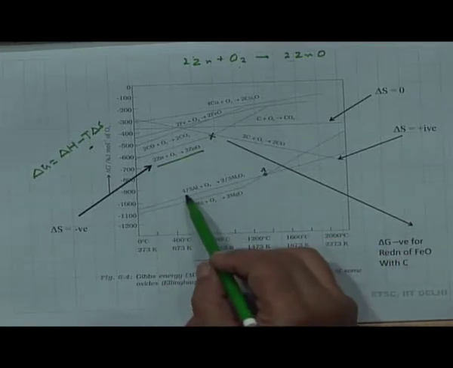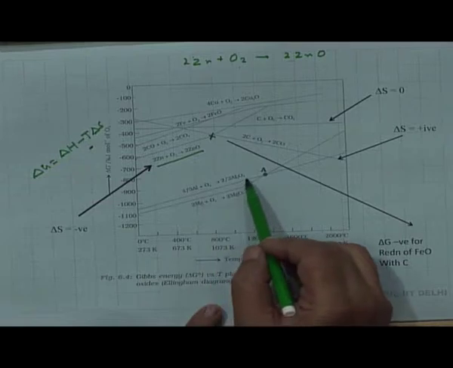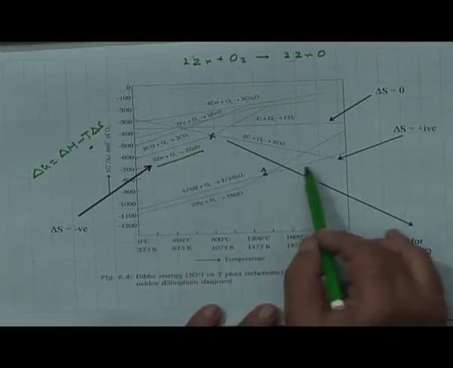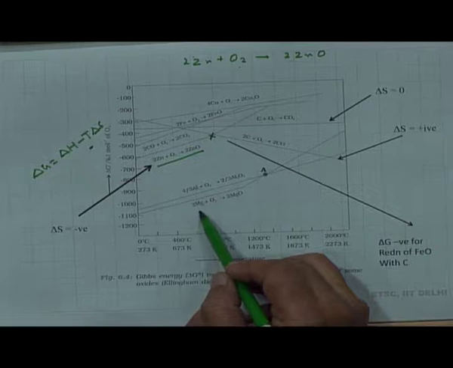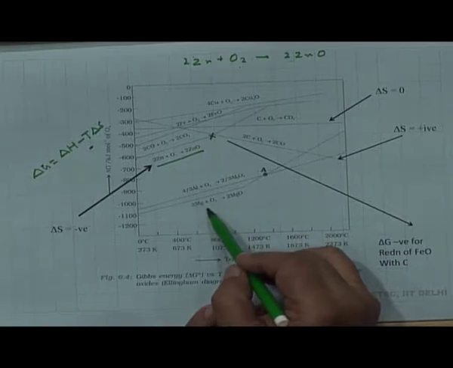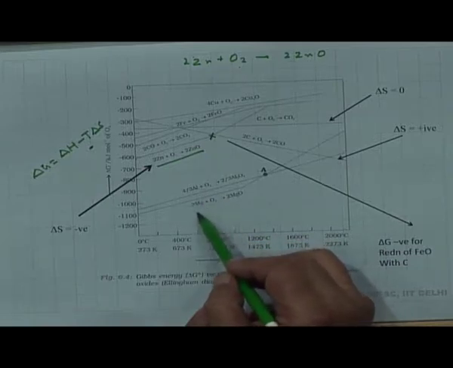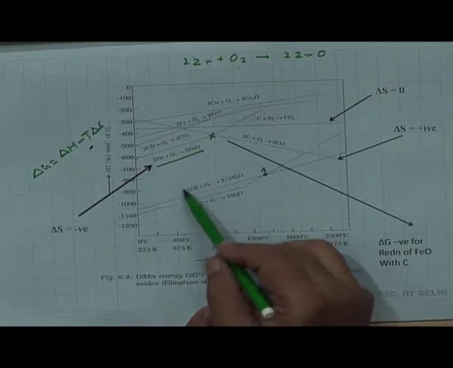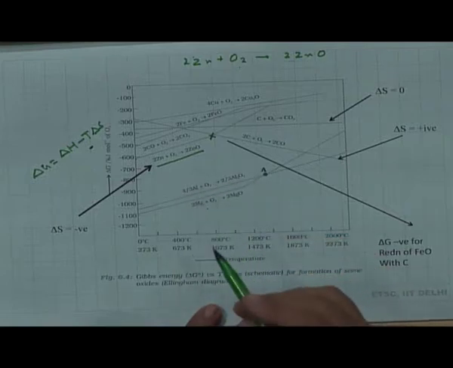Say for example, aluminum is converted to aluminum oxide, its plot is this. Magnesium is converted into magnesium oxide, its plot is this. The plot of oxidation of magnesium is below the plot of aluminum.